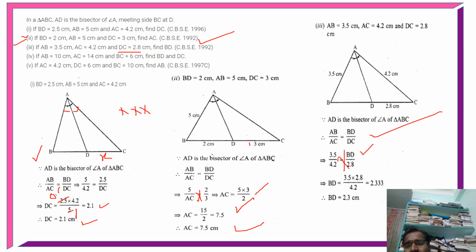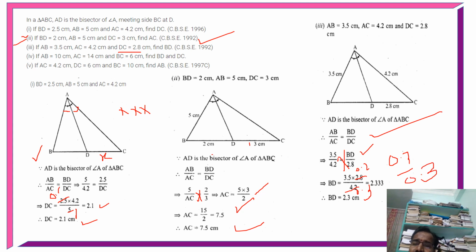After cross multiplication and transposing, we can do cancellation here. If we simplify, 3.5 into 2 gives 7.0, so we get 0.7 by 0.3.